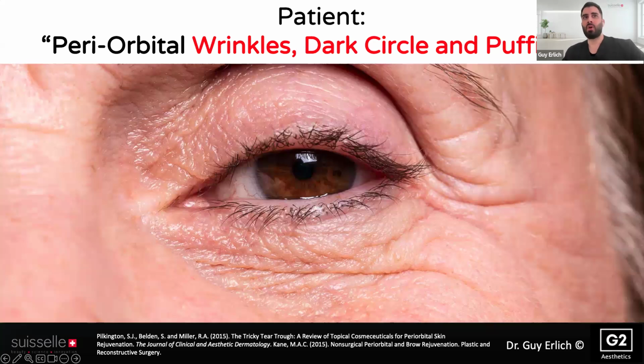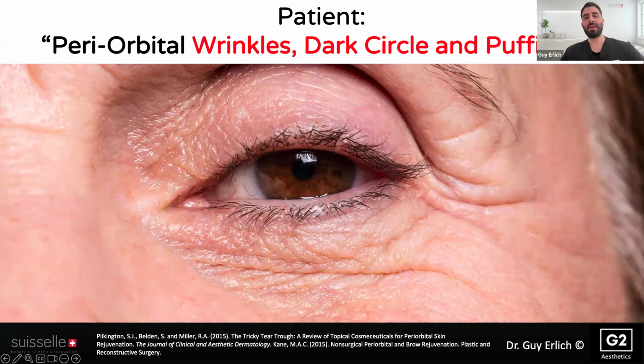It is a very common treatment to do in your clinic, and it's very variable because different practitioners are using different strategies in order to treat the periorbital area. Some of them are better, some are more complicated or more prone to complication, and we will discuss different strategies and how to manipulate them.